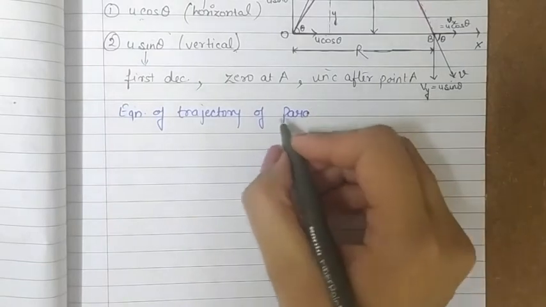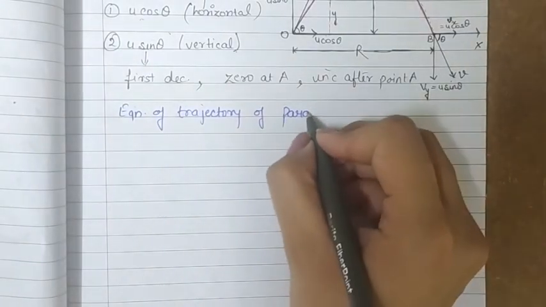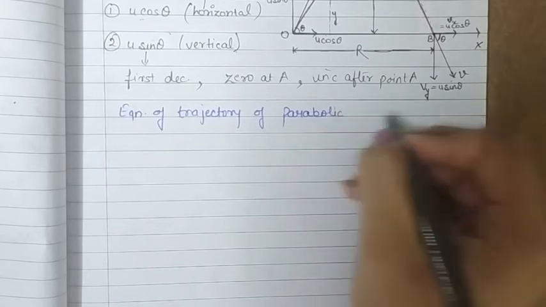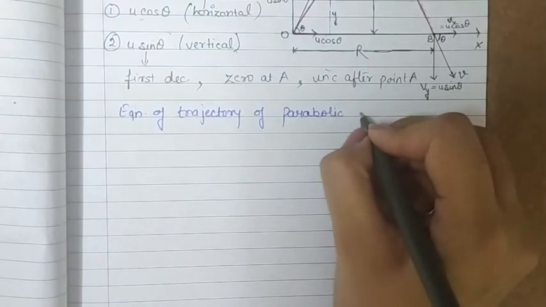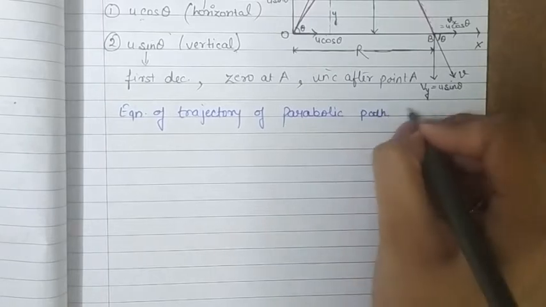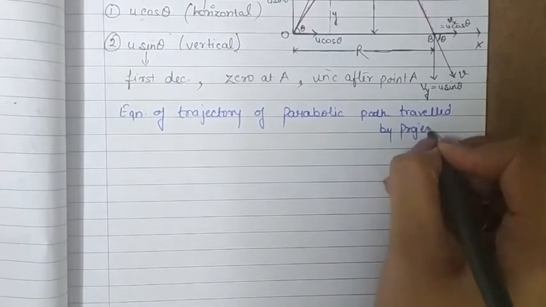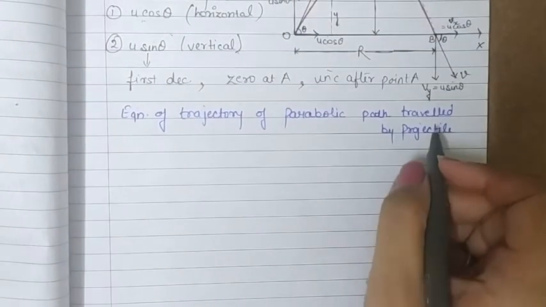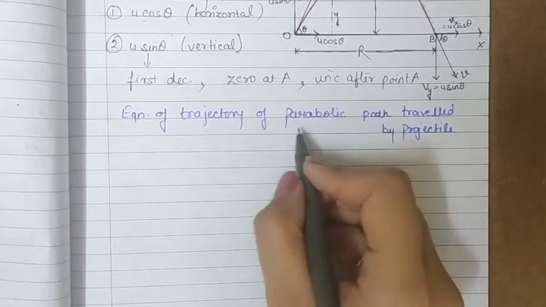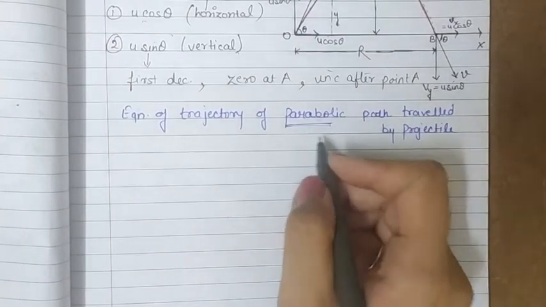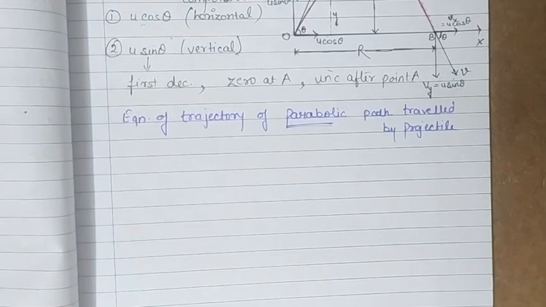That means we have to find the equation of trajectory of the parabolic path traveled by the projectile, or we can say that the projectile is attaining a parabolic trajectory and we have to prove that the trajectory attained by the projectile will be parabolic. For that we have to find the relation between y and x, such that y is a quadratic function of x.